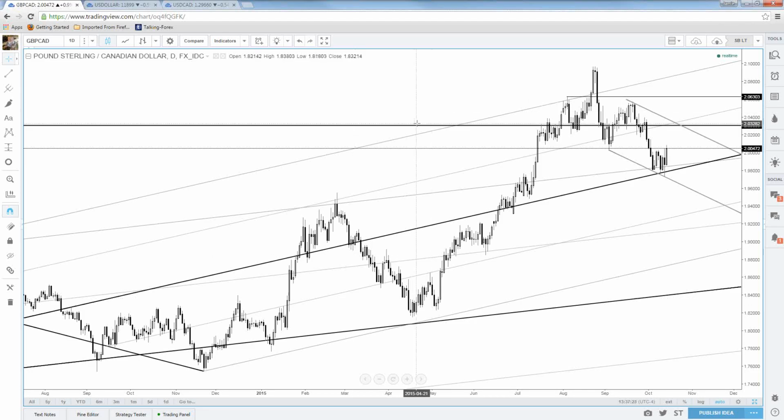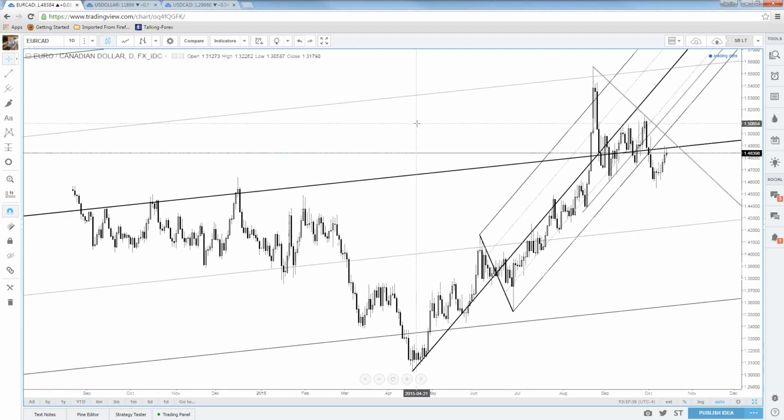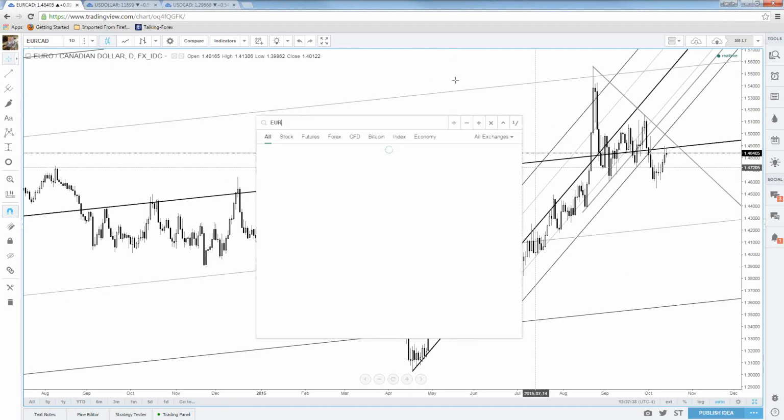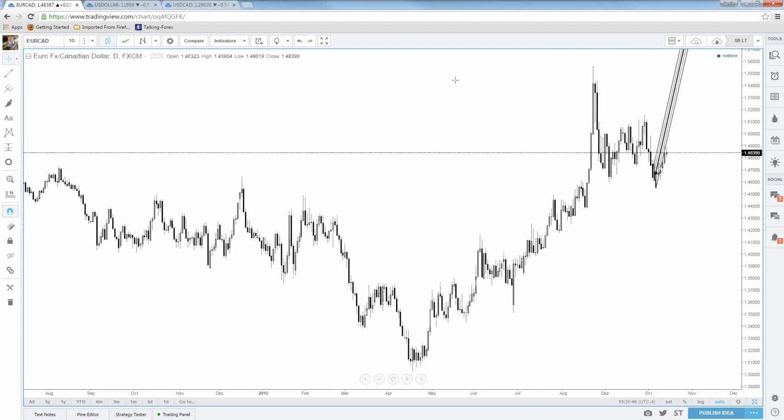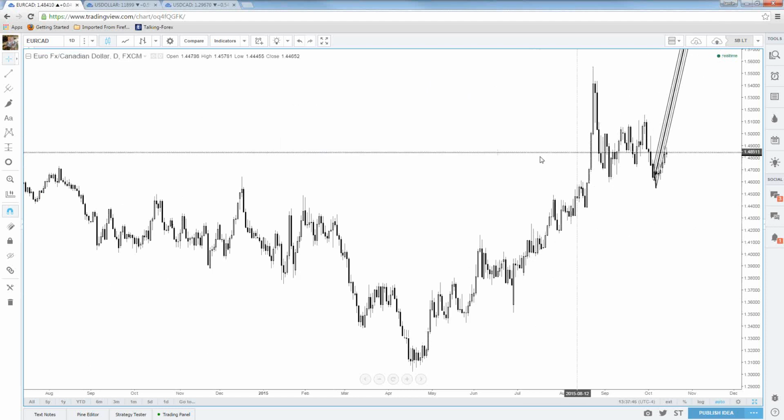But again, we're thinking more bullish pound and bearish euro. So in that case, it's a good time to switch over to Euro CAD, right? Okay, here we go.